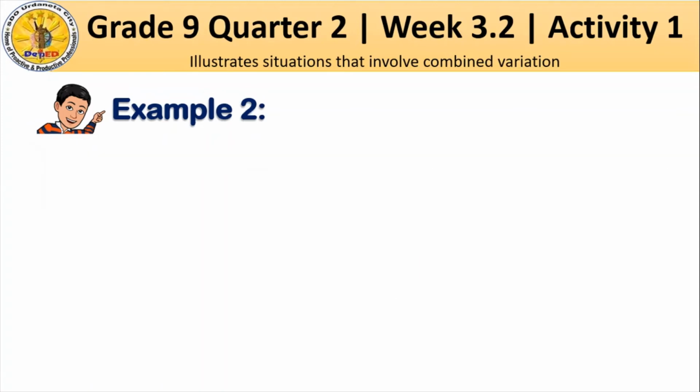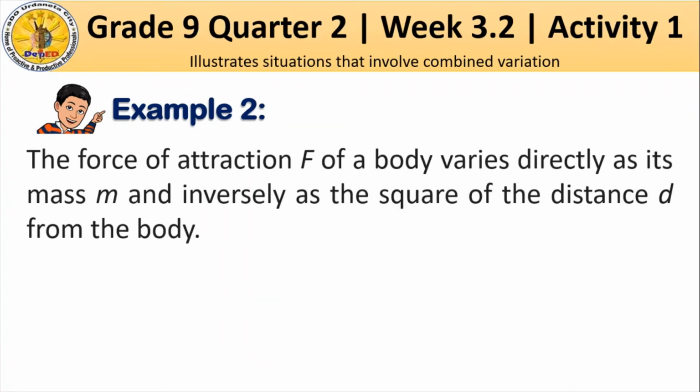For our next example, the force of attraction F of a body varies directly as its mass m and inversely as the square of the distance d from the body. So uulitin lang natin. We have to determine first the dependent and independent variables in this situation before we translate this into variation equation.